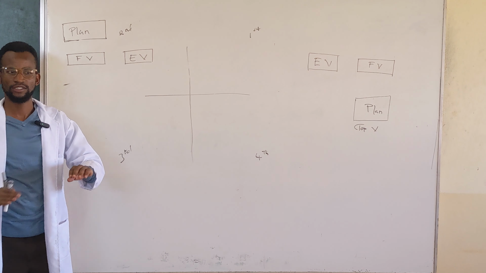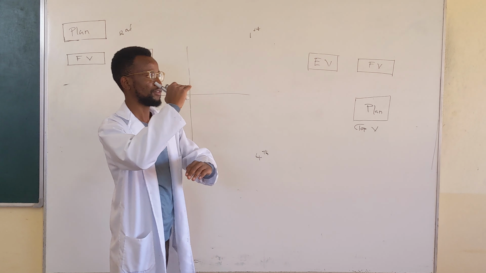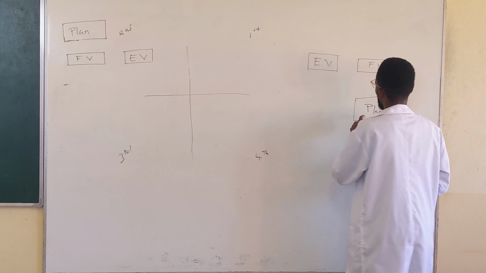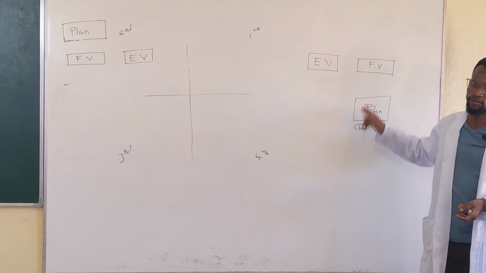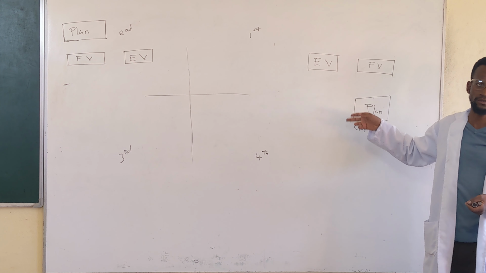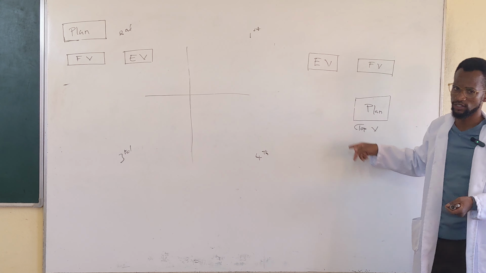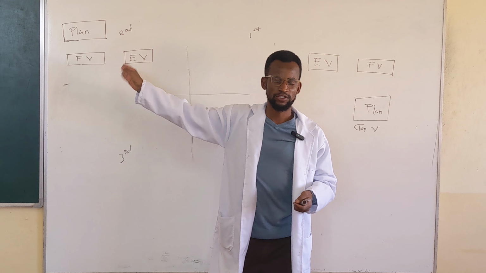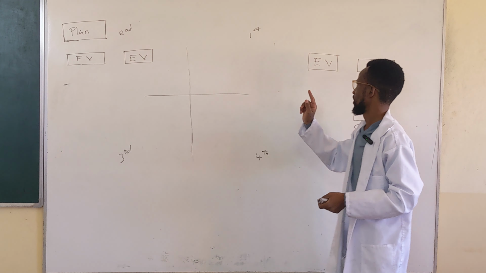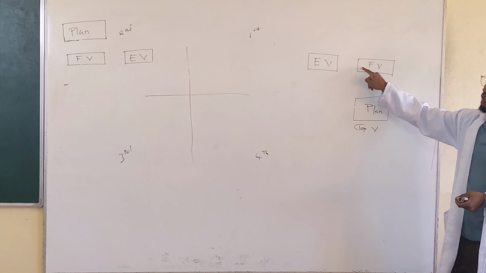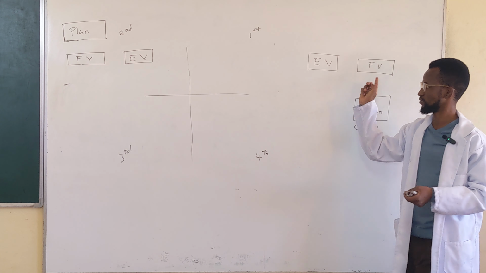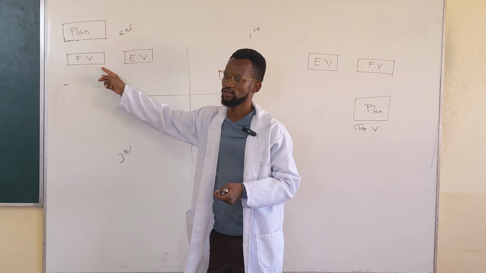So basically, it's just changing the front and the plan. But the plan will always be in the same vertical line with the front. Plan, front, they're always in the same vertical line. And the end and the front will always be in the same horizontal line, even here.